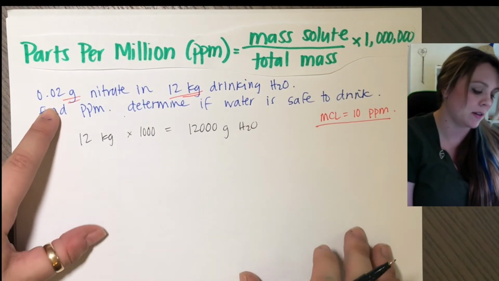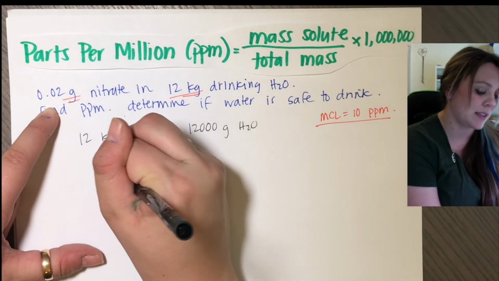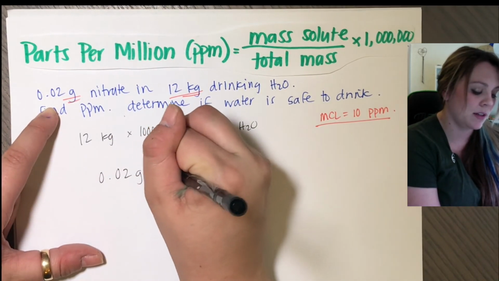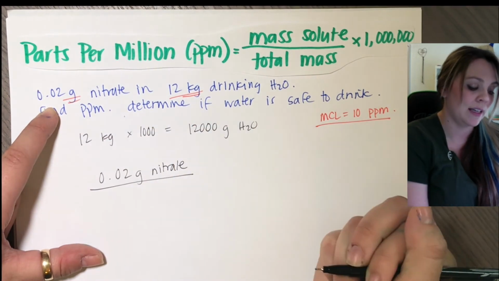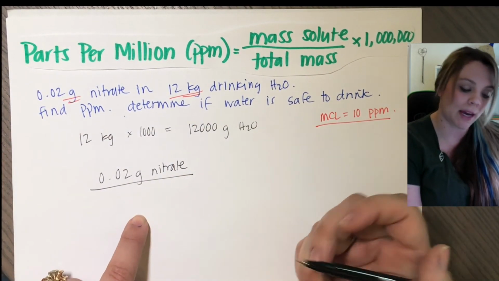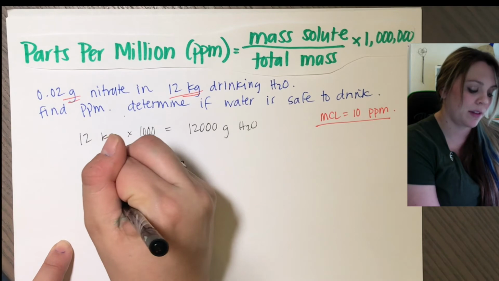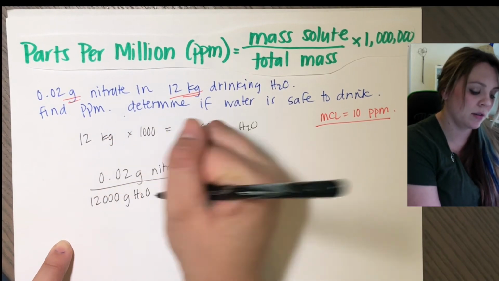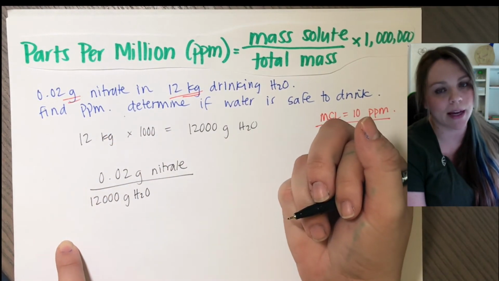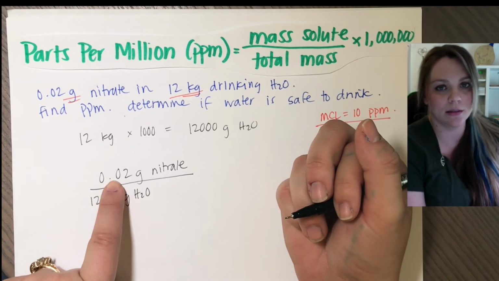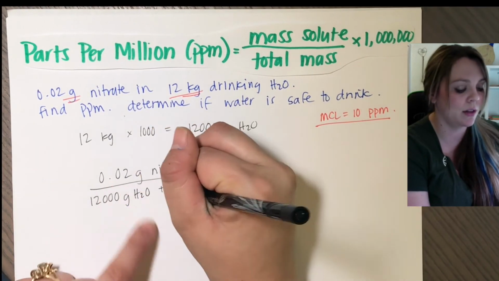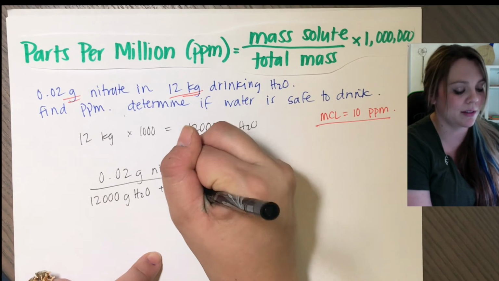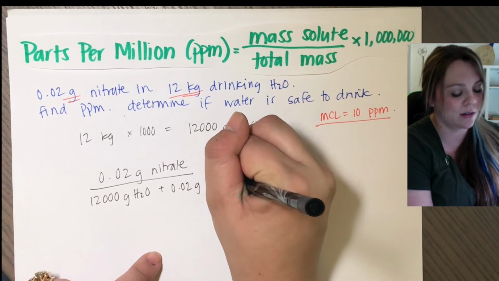Basically, this is easy. All right, so I have 0.02 grams of nitrate in my total mass, 12,000 grams of water. And again, that's not my total mass, right? I have my water and my solute that's dissolved, and 0.02 grams of nitrate.